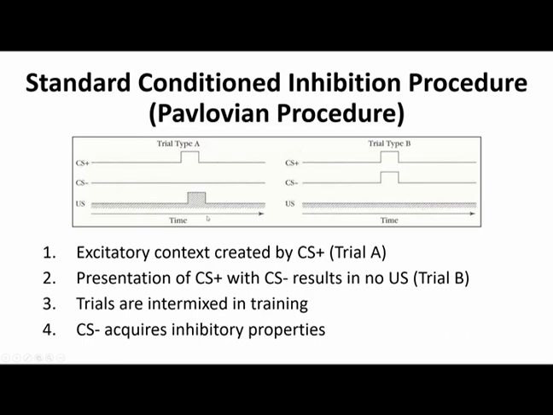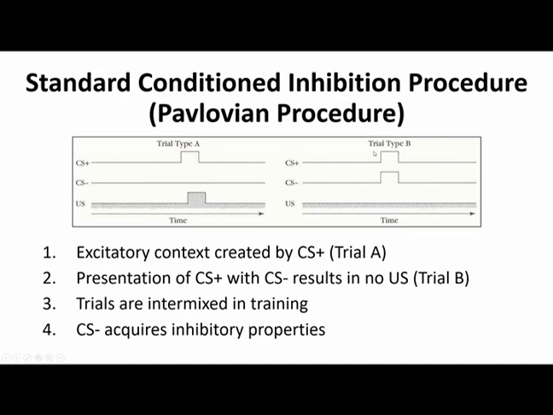And so we have two different types of trials, trial type A and trial type B. In trial type A, we get the CS plus, and shortly after that CS plus happens, our US also happens. So this is telling us that when the CS plus happens, the unconditioned stimulus is also going to happen. So when we see the CS plus, we learn to expect the US.